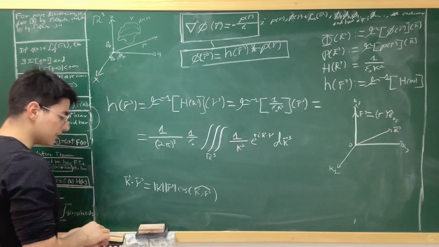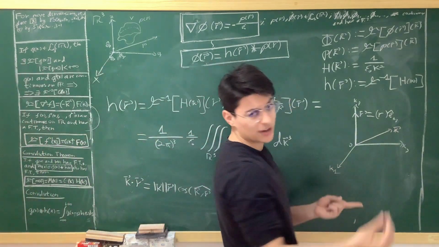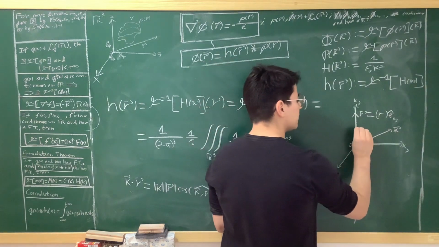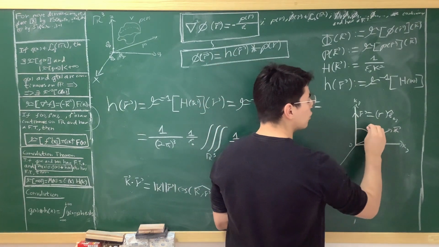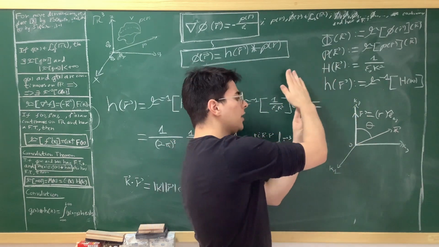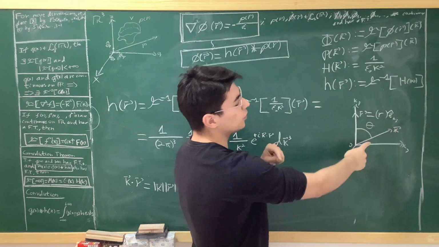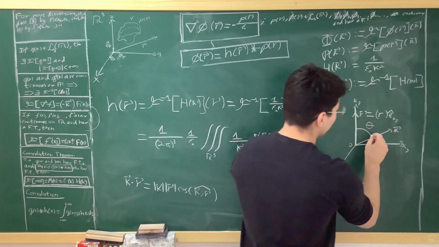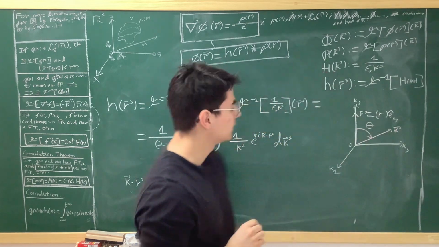And this angle is really just the smallest angle between them, and we're going to call it theta. Notice that theta starts at k3 and spreads out until it goes to k. So it goes in this direction.